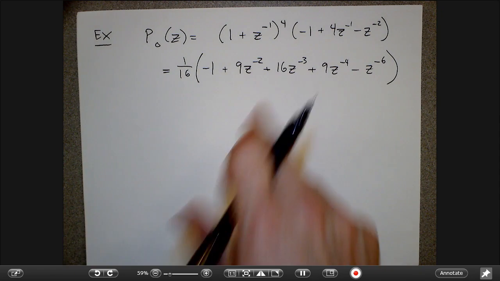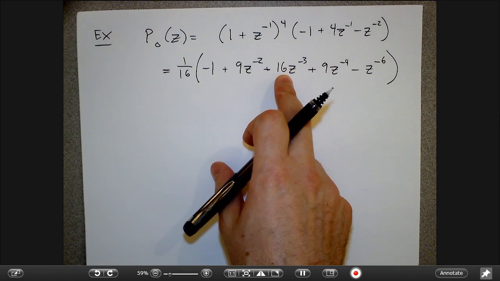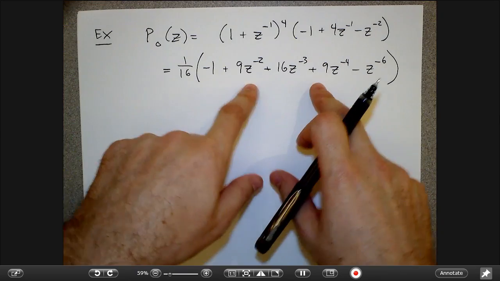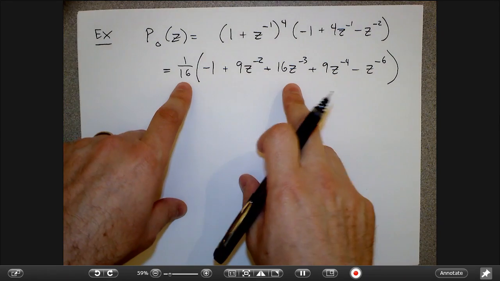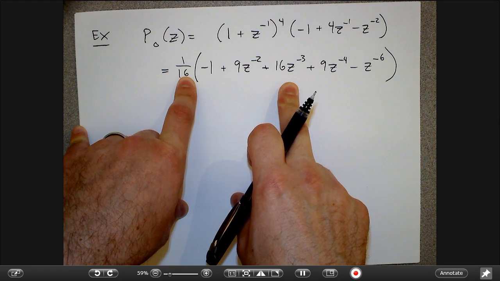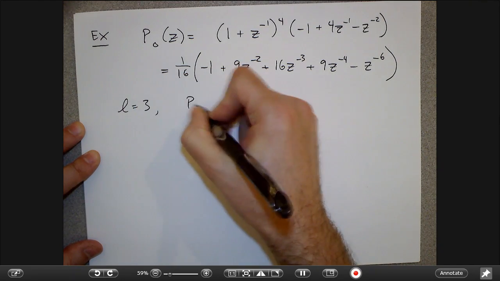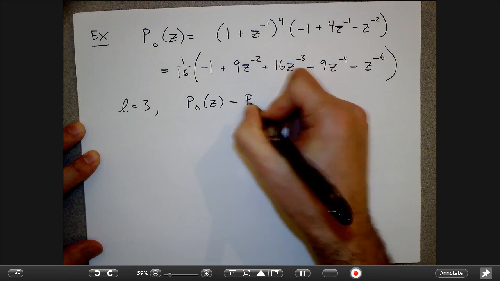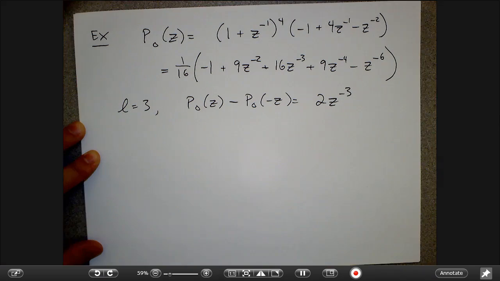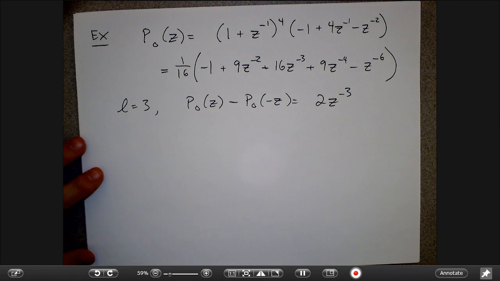It only has one non-zero odd power of Z, the middle one. And then it's got zeros for all the other odd powers of Z, and I've chosen these other things kind of arbitrarily, and I made sure that the odd power of Z in the middle has a weight of 1. And so here, this is like L equals 3, and I can show that this minus this equals 2Z like this. So I'd have a delay of 3 units in my system if I used this filter.